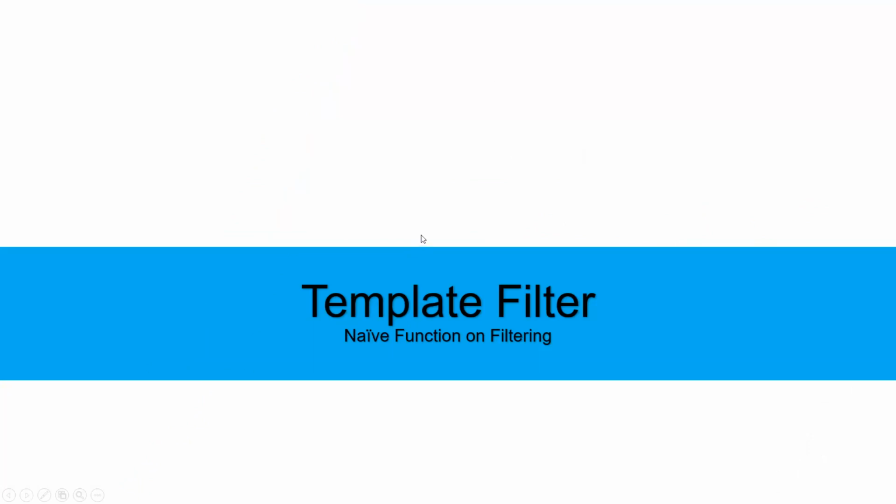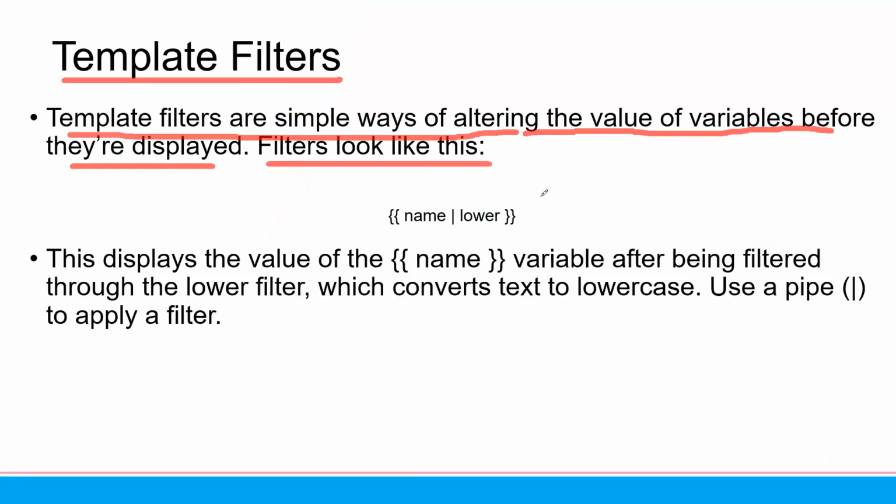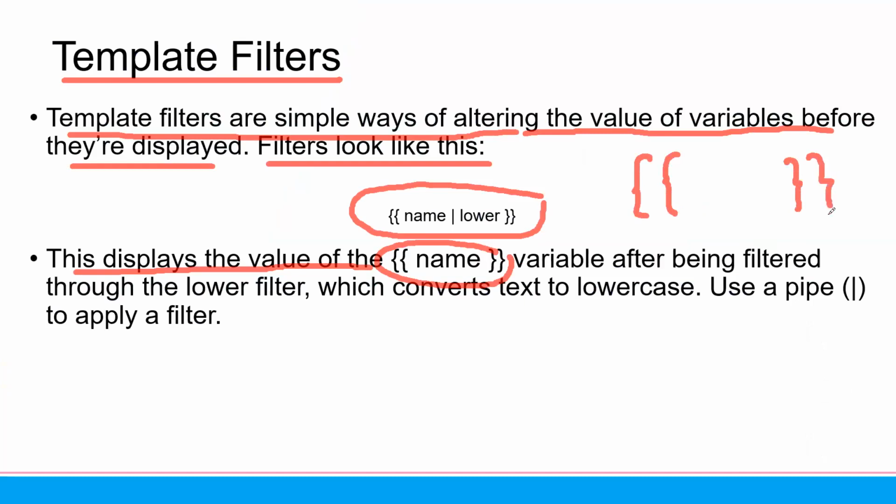The first is about the filter. What does it mean by filters? We call them template filters. Template filters are simple ways of altering the value of variables before their display. Filters look like this one. This displays the value of the name. As you know, in Django we use the double curly bracket, and something inside this double curly bracket will be the variable name.